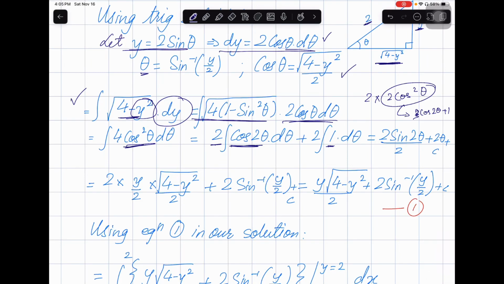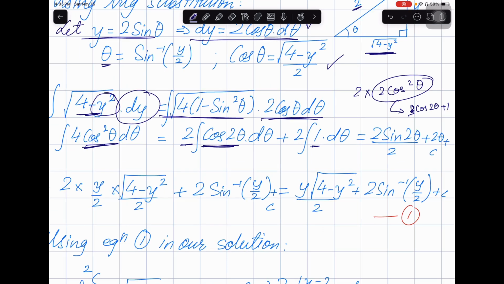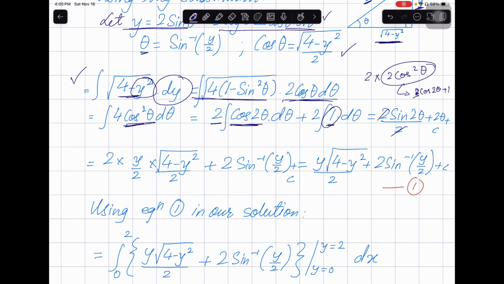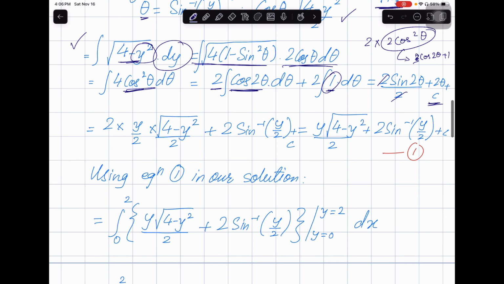And now the integral of cos 2 theta is sine 2 theta divided by 2, again a standard integral. And the integral of 1 with respect to d theta would be theta. So this 2 cancels this 2. So we are then left with sine 2 theta plus 2 theta plus c, since this is an indefinite integral. In indefinite integrals you have to use c, but in our question we'll not be doing that.